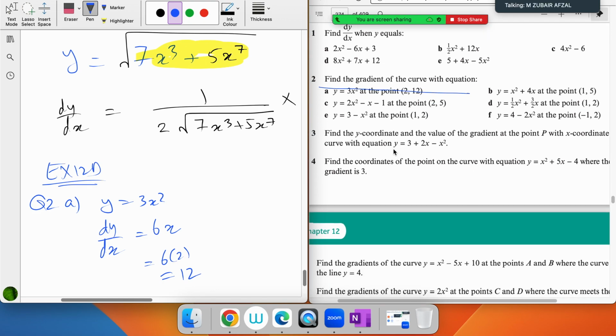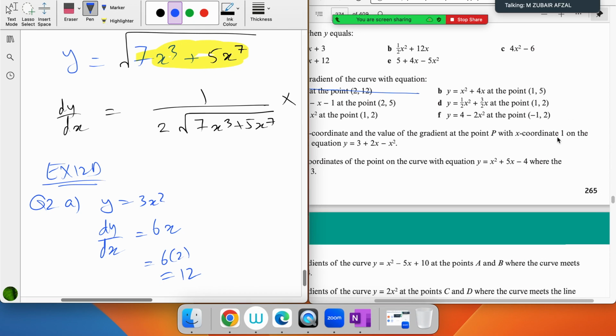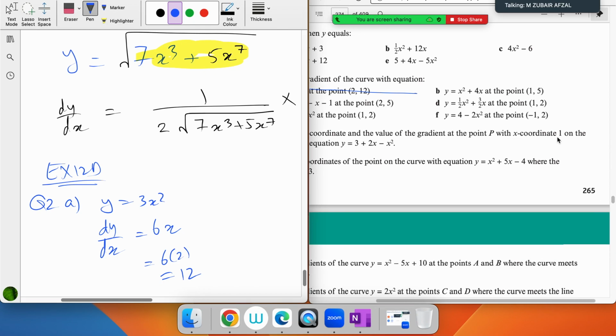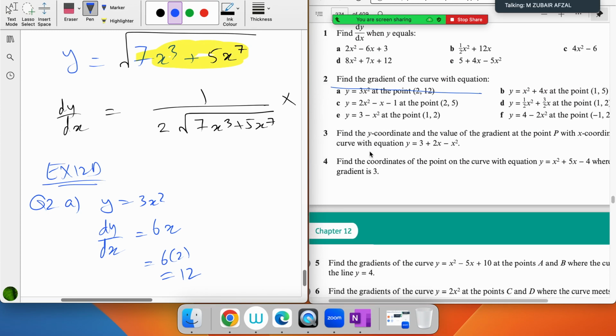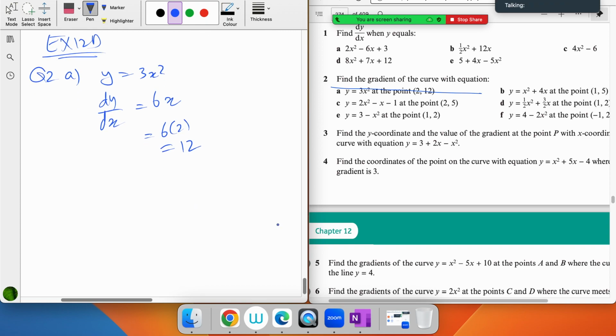Question number 3. Find the y coordinate and the value of gradient at point P with x coordinate 1 on the curve when y is equal to this. So the equation is y equal to 3 plus 2x minus x square.